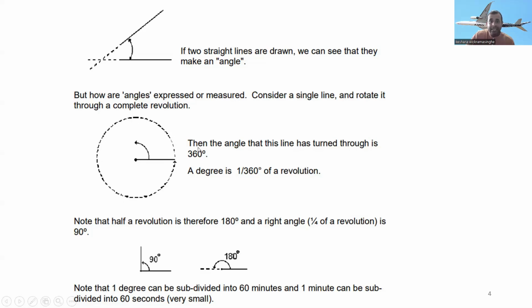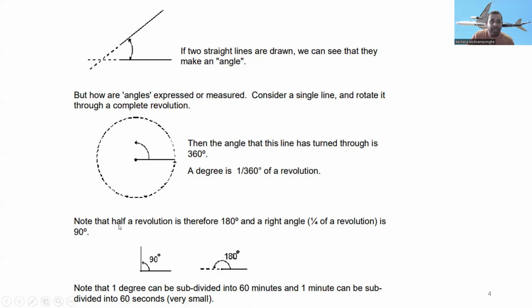The angle that this line has turned through is 360 degrees. If we start from here and turn like this, the angle is a full circle, 360 degrees. So 1 degree is 1 upon 360 of a revolution.